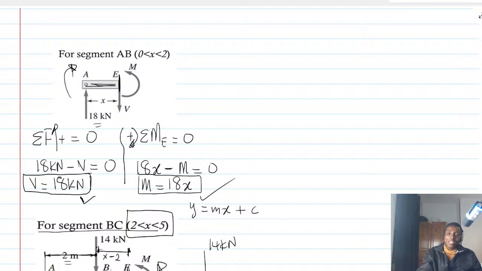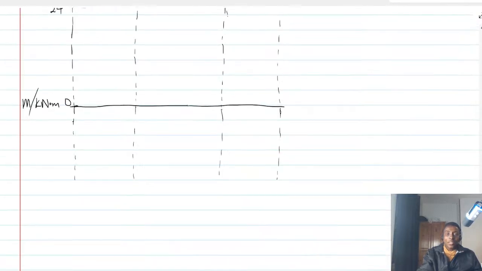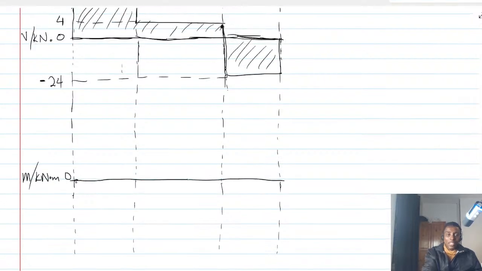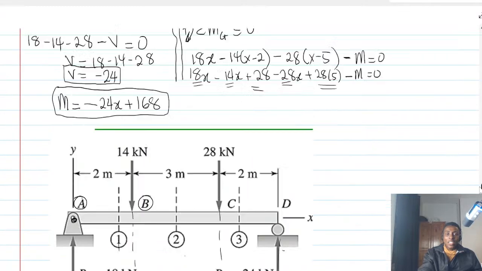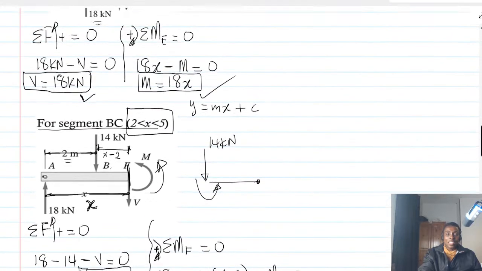So it means that if I draw the straight line at x equals 0, the moment is 0. But at x equals 2, the moment will get a value which is what? 18 times 2. And what is that? 36.